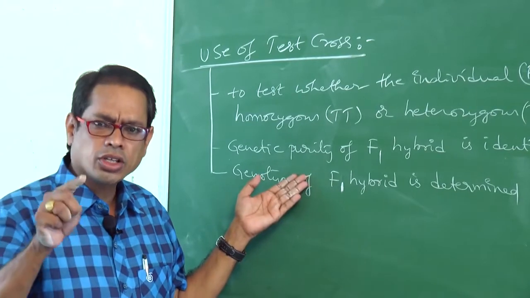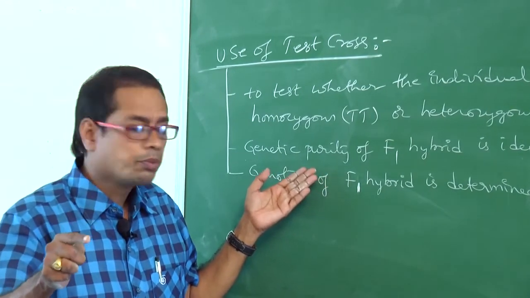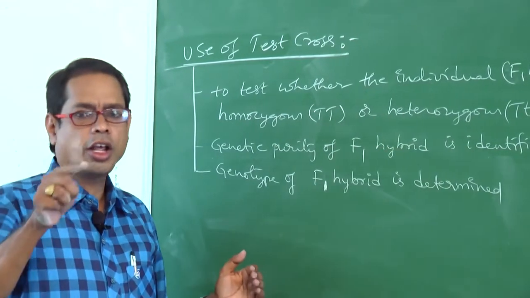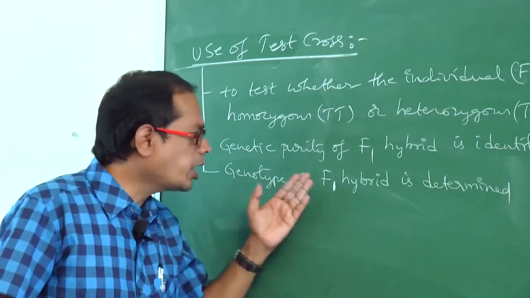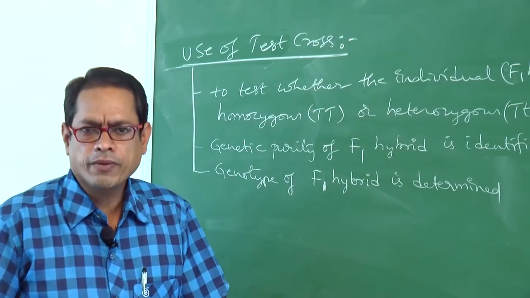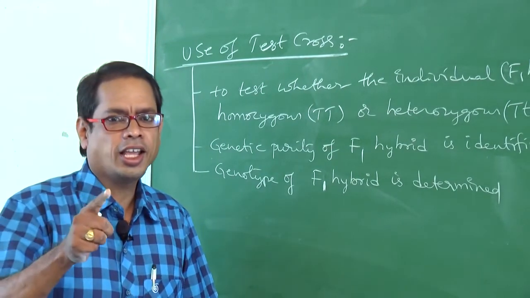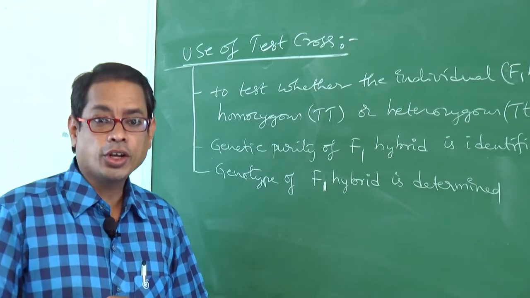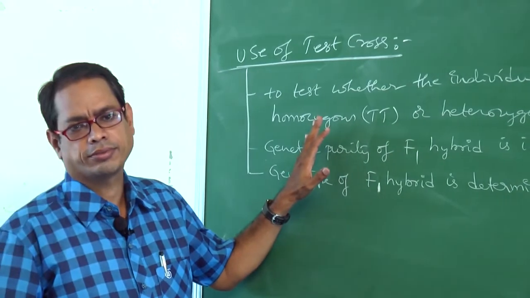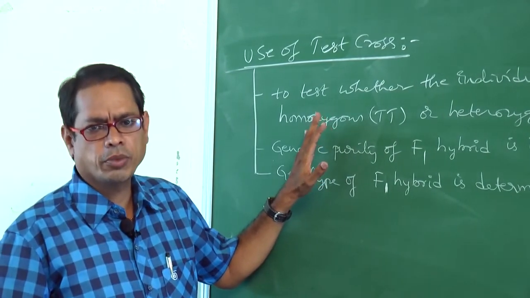When we do the test cross, the genetic purity of the F1 hybrid is identified, or in other words, the genotype of the F1 hybrid is identified. What is the genotype of F1? Capital T, small t, that is heterozygote. These points we have to understand. Are you understanding, my dear students?